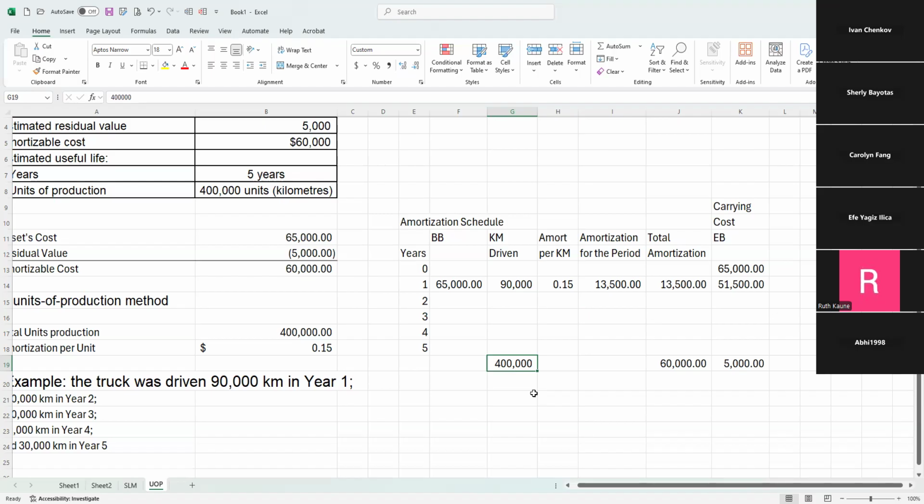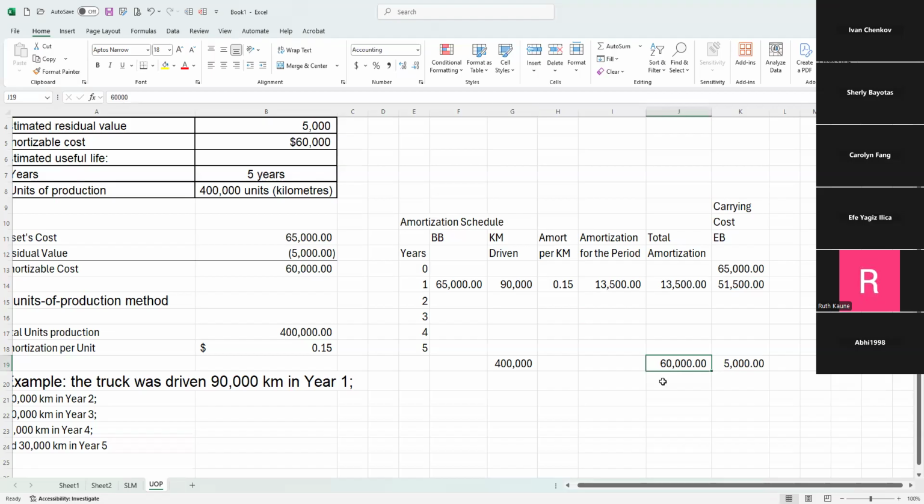The point is, if I drive it more than 400,000 kilometers, can I record amortization? No. Why? Because I already hit my total amortization. This is a very common mistake, and this is one check that I always want you to do.